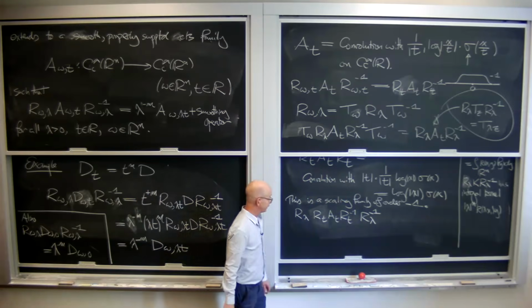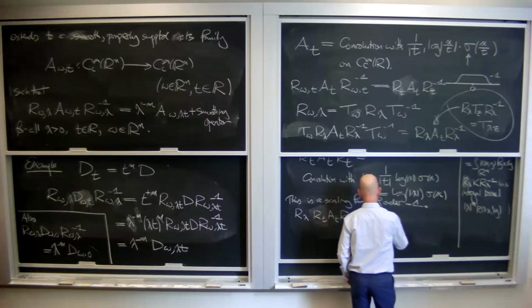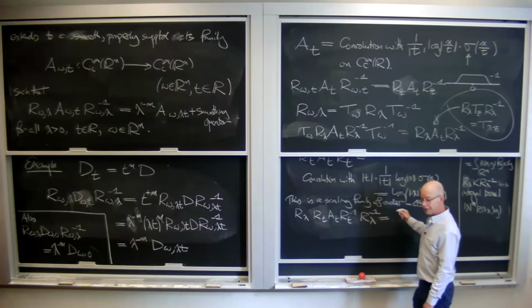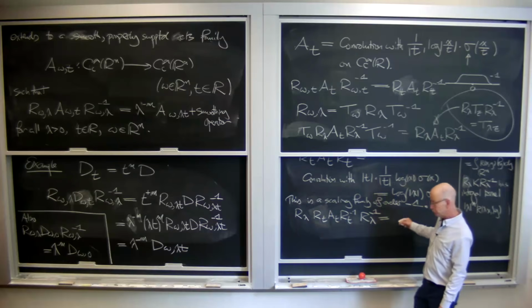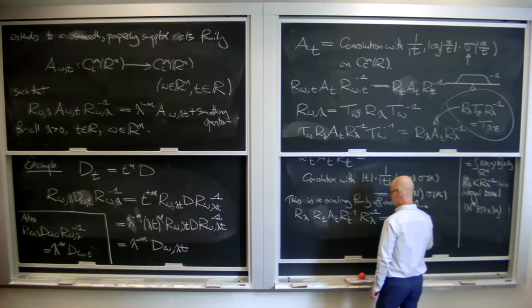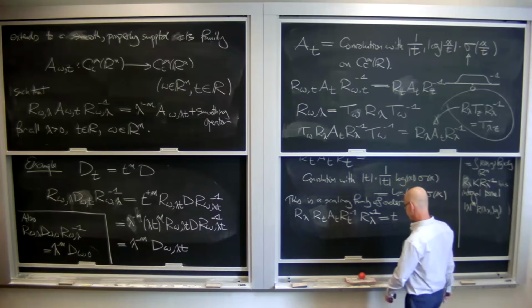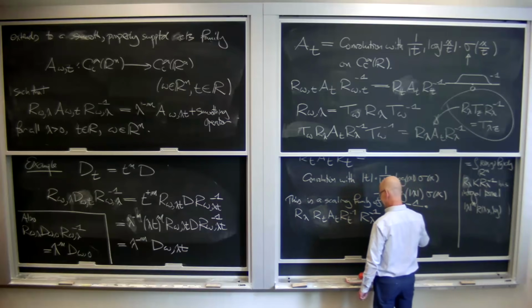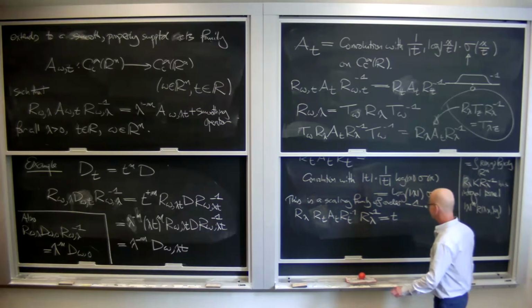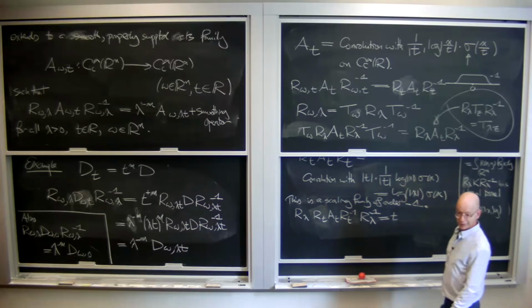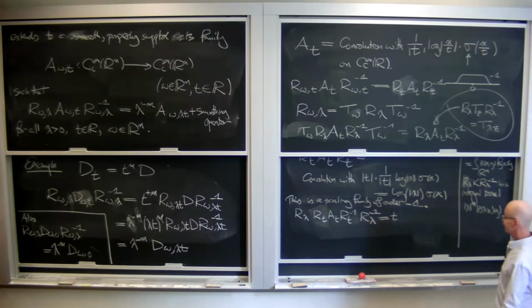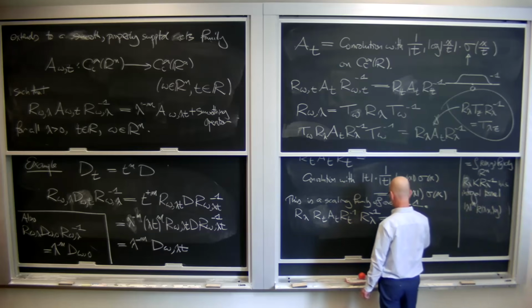I have to show that this thing is equal to t to the minus minus 1, in other words, just t times A_t. I've written this down in such a confusing way that even I'm confused now.